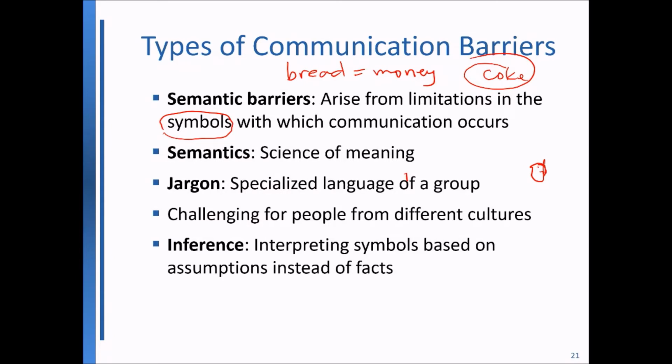We assume. You understand what is inference? Sometimes we think that is the meaning, but actually it is not. So we assume. You understand what is assuming? Sometimes we assume words.